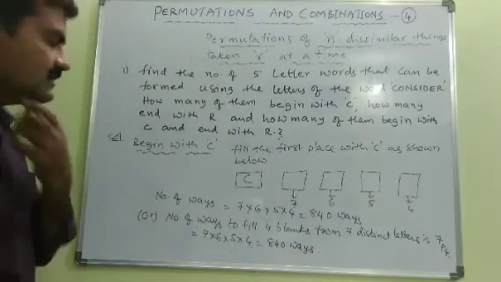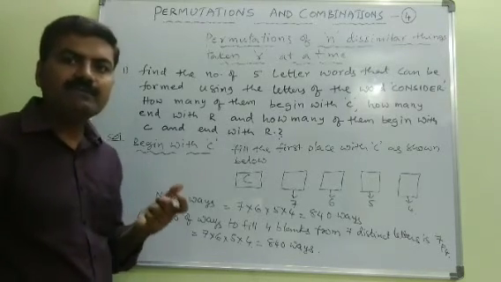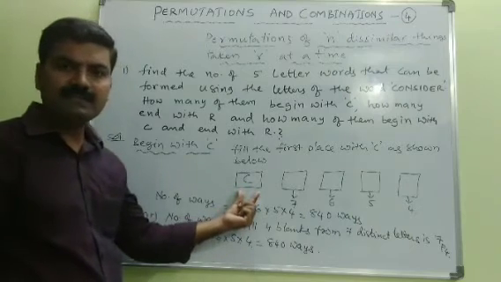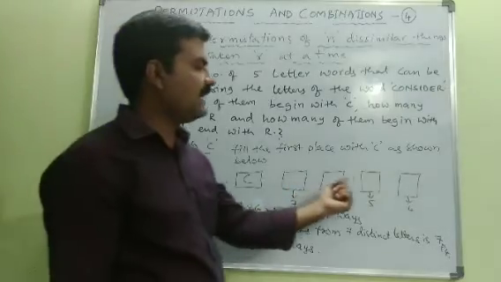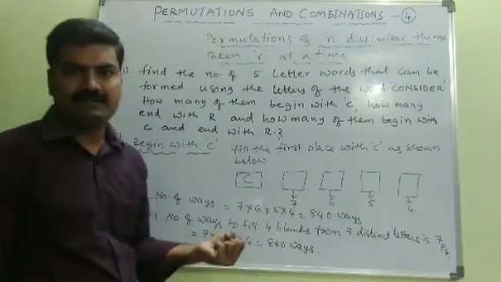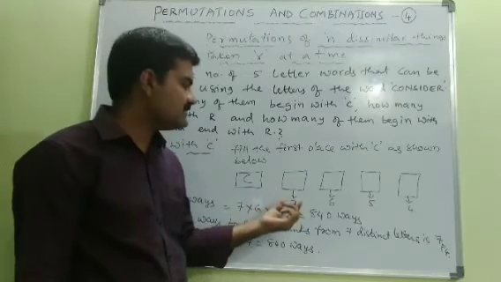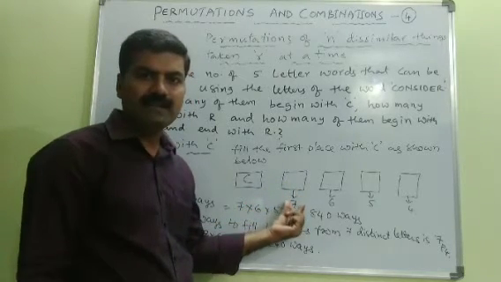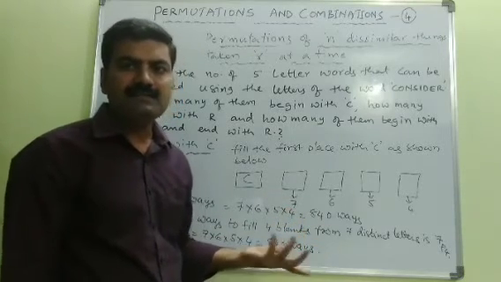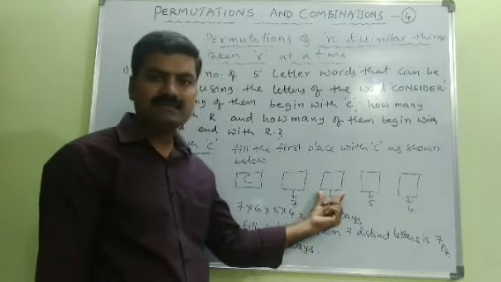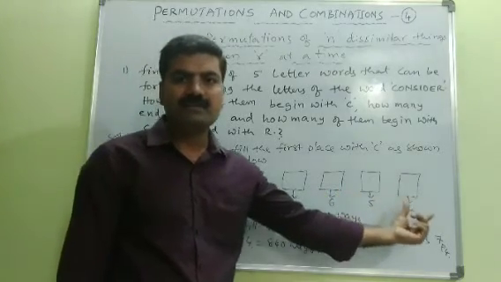Do you understand? So here the question is, how many 5-letter words begin with C? The first place is already reserved, filled with C. Now there are 4 blanks and we have 7 letters. In the first box we can fill any one of the 7, that is 7 ways. Next, 6 are left over, so this box can be filled in 6 ways, and similarly 5 ways and 4 ways.